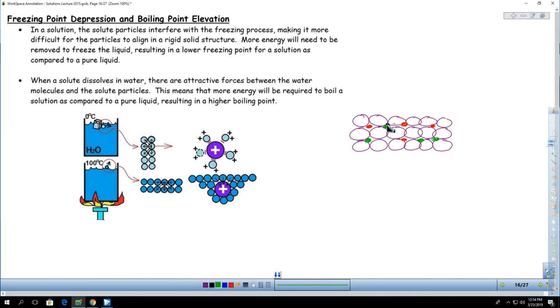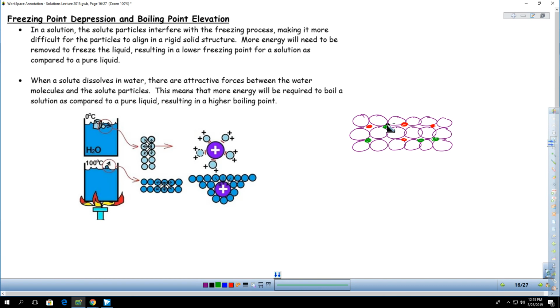So instead of water freezing at 0 degrees Celsius, which is where water starts to freeze in the Celsius metric world, now it might not freeze till -10, -15. But if the air temperature is below that, now it is cold enough for ice to form. But there's your freezing point depression. In a solution, the freezing point is lower than the freezing point of the pure liquid, the pure solvent.